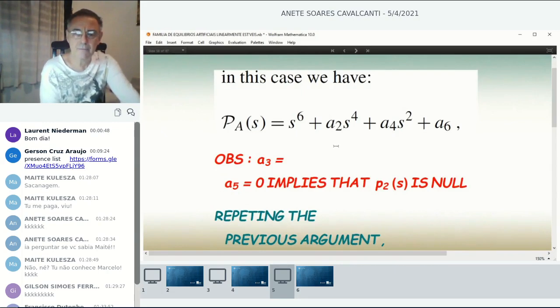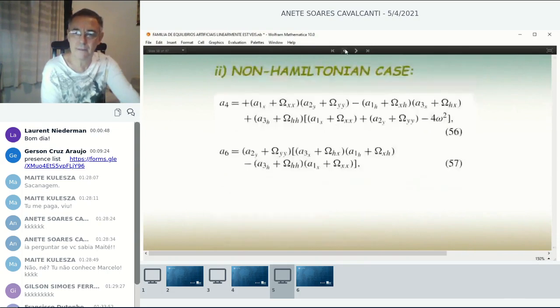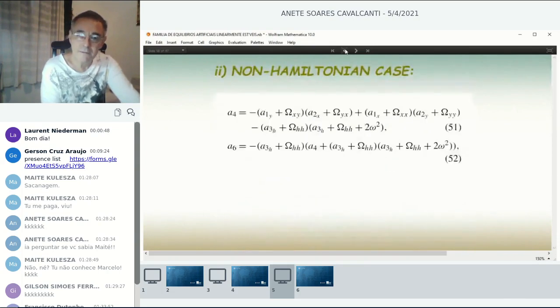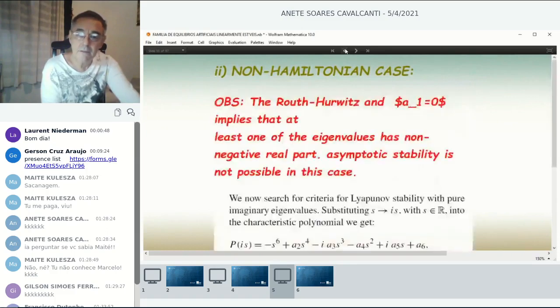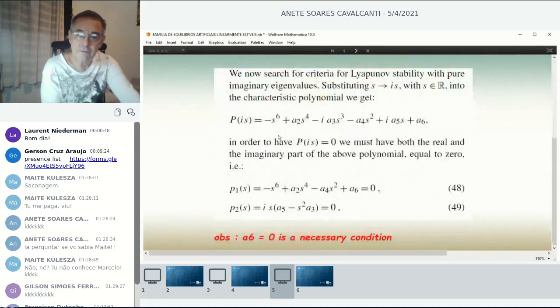And what happens here is that, for the polynomials we had before, P1 and P2, now in this specific case, A3 and A5 are equal to 0. And this implies that the second polynomial is null. Let me just come back a few slides to show you what I'm talking about. I'm talking about these two polynomials.